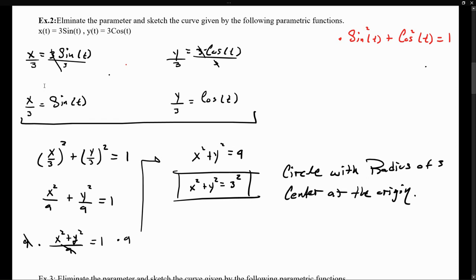You will see later on that we can also represent all those conic sections that we discussed at the beginning of the year using parametric equations. Parabolas, ellipses, hyperbolas can be described using parametric equations. But this is just a small lesson where I wanted to share some extra examples when it comes to eliminating the parameter in a parametric equation.